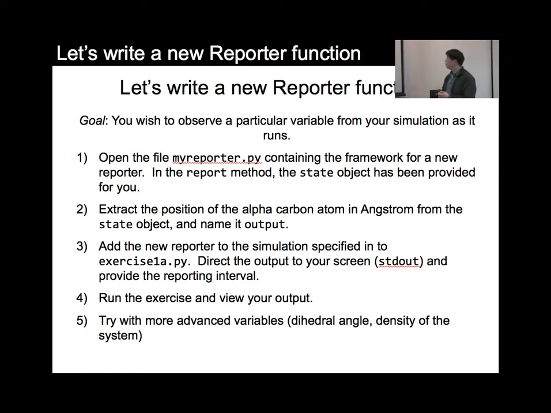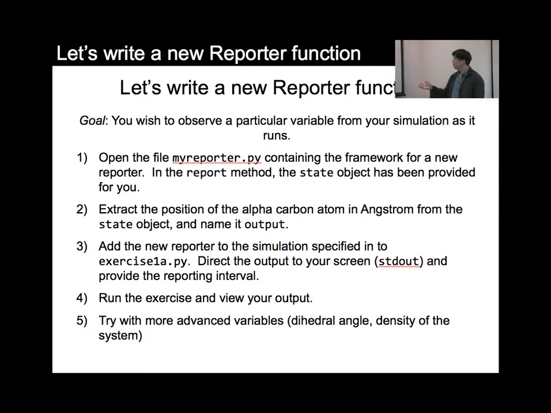In the report method, the state object has already been provided for you. So you're able to get the different variables from the state, such as the positions, energies, and forces, and so on, and process them in such a way as befits your research project. Here, as an example, we are going to extract the position of the alpha carbon in angstroms from the state object and name it to a variable called output.